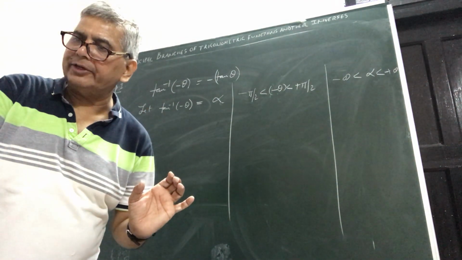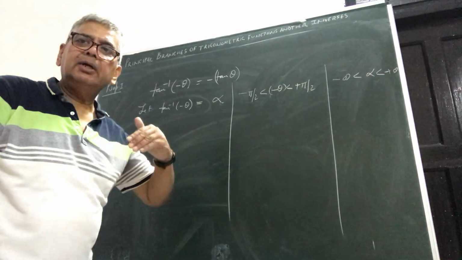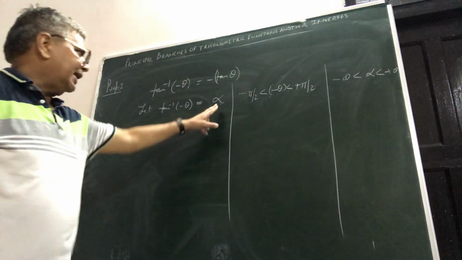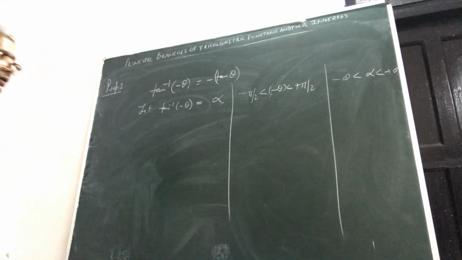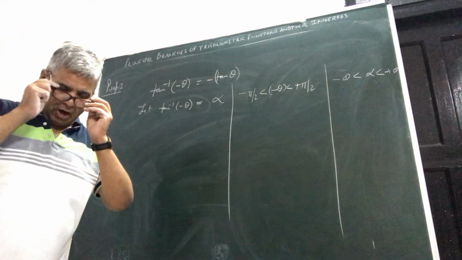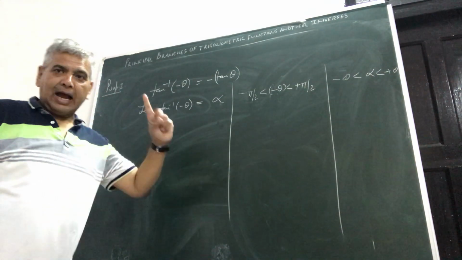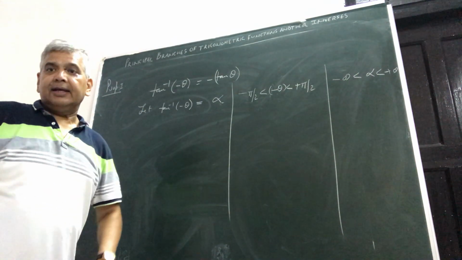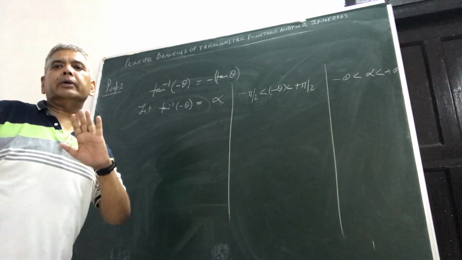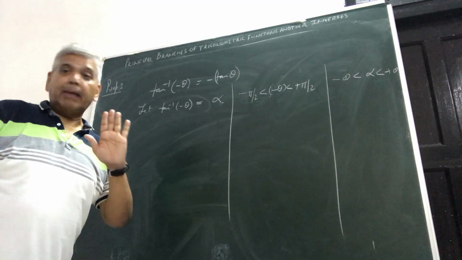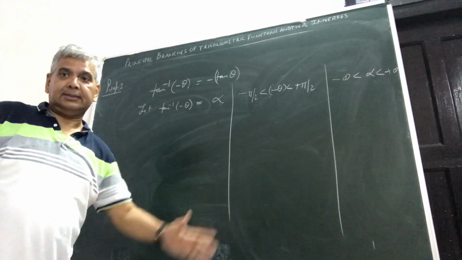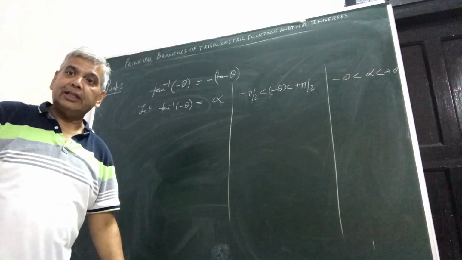Open interval minus pi by 2 to plus pi by 2, and the range is from minus infinity to plus infinity. And as such, alpha will lie between minus infinity to plus infinity. See, that is why I had cautioned you that the table which I have shown there should be well within your mind when you are dealing with inverse functions all the way.